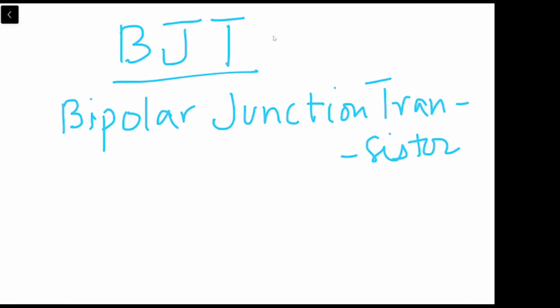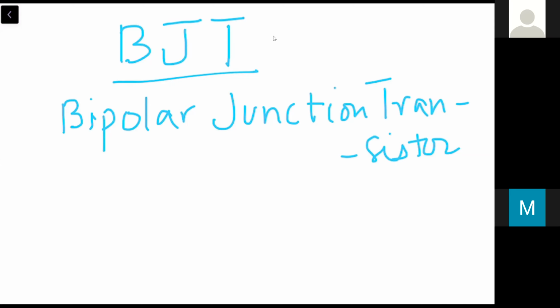If you remember, in the PN junction diode, we discussed that there is a flow due to the free electrons which are in the conduction band, and then there is a flow due to the holes which are in the valence band.